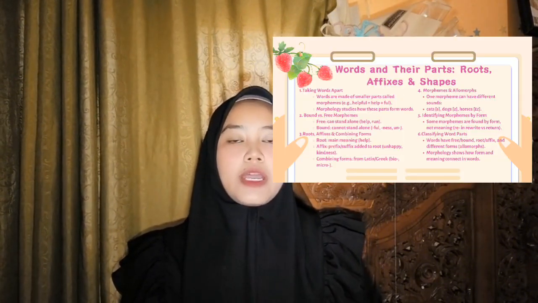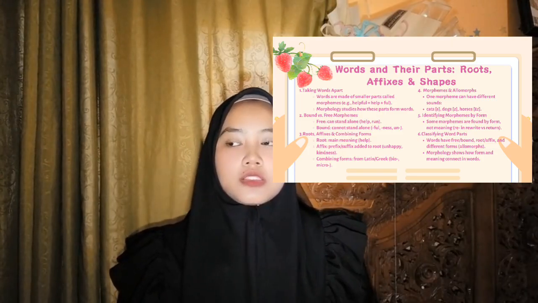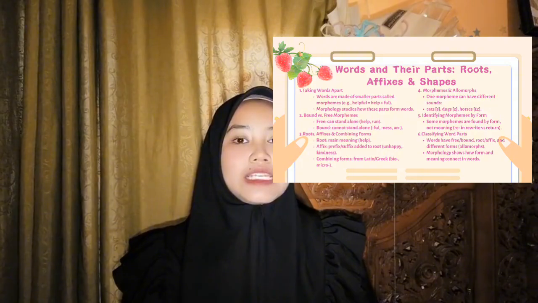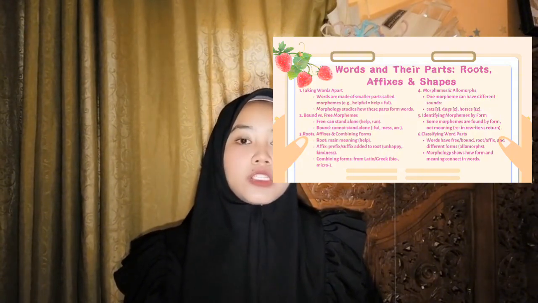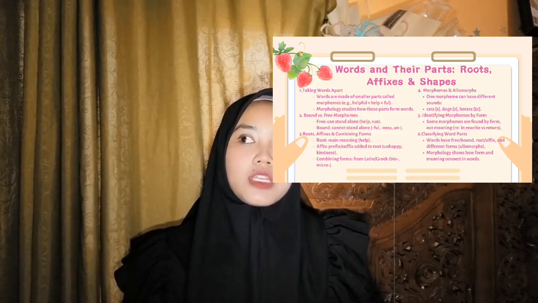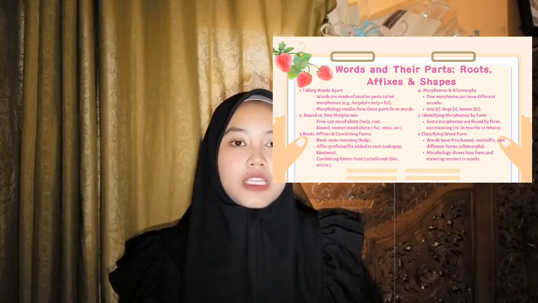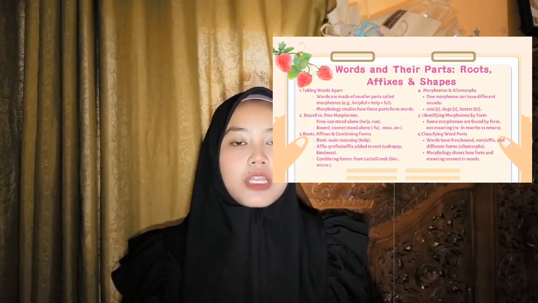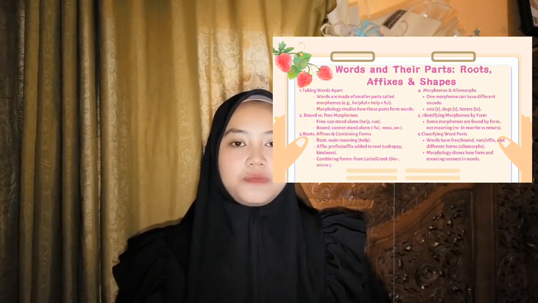For example, the plural -s has three forms: s in cats, z in dogs, and iz or ez in horses. The choice depends on the final sound: hissing sounds take iz, voiceless sounds take s, and voiced sounds take z.